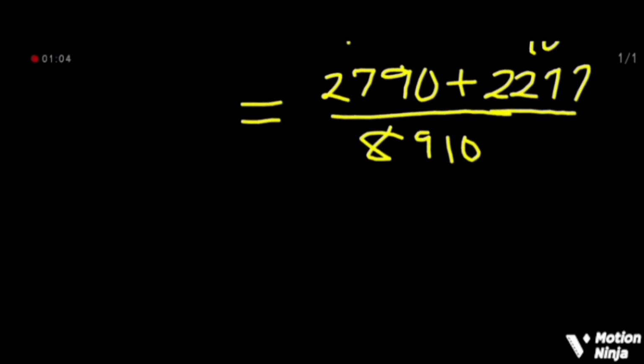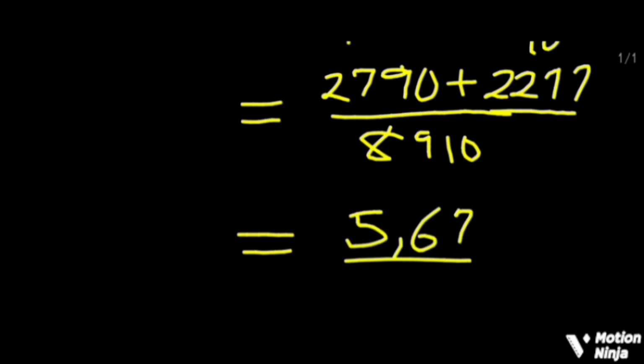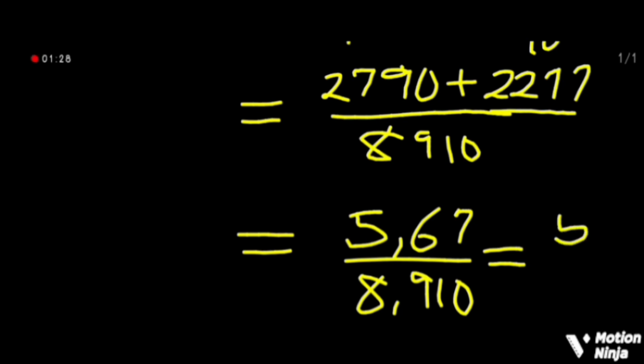So here, let's go. If we add there, the result will be 5,067 over 8,910. So if we simplify, the final answer will be 563 divided by 990. We simplify by dividing by 3 on both numerator and denominator, and then by 3.